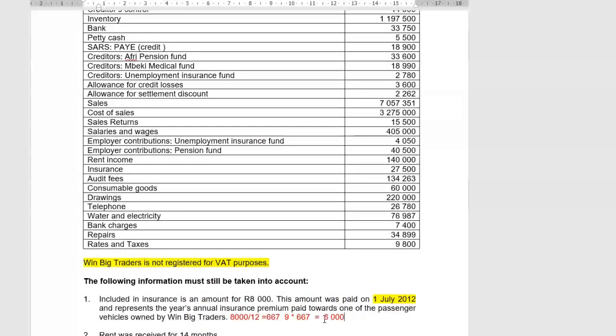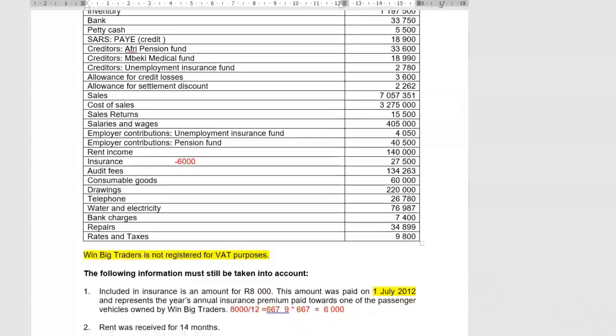But what I have to do is, with that 6,000 Rand, I want to adjust my insurance. So if you had your template already written down, in your calculation, you would have had in brackets 27,500 less 6,000. Good. Next one.